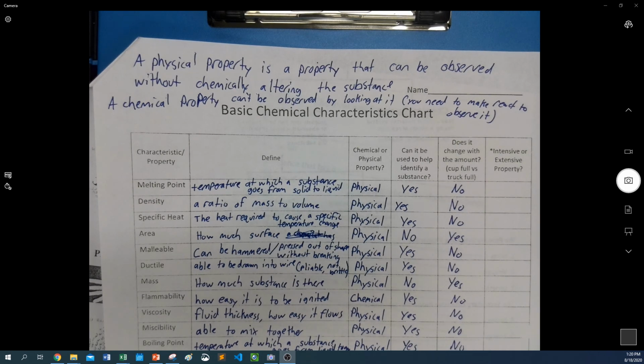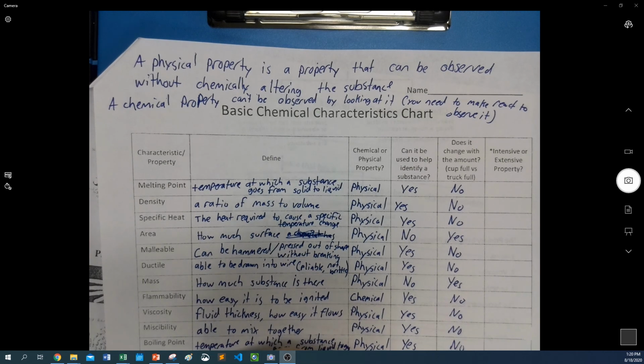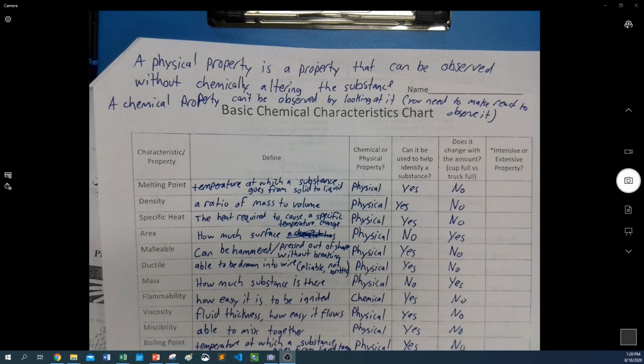Odor is tricky. Odor is smell. This can go either way. It depends on what you mean by odor. So if you think about odor, what's going on is a small bit of the material is evaporating, going into the air. It's then attaching itself to your olfactory nerves in your nose.